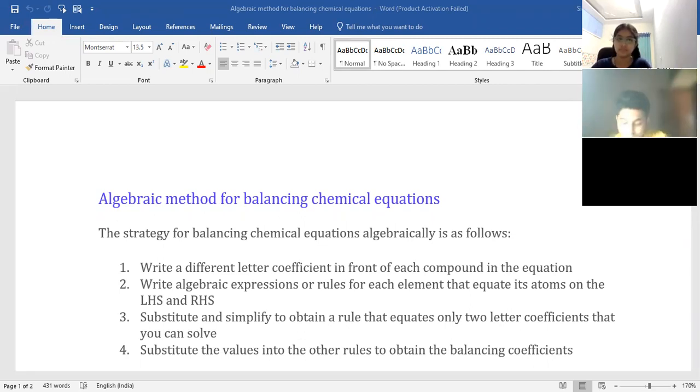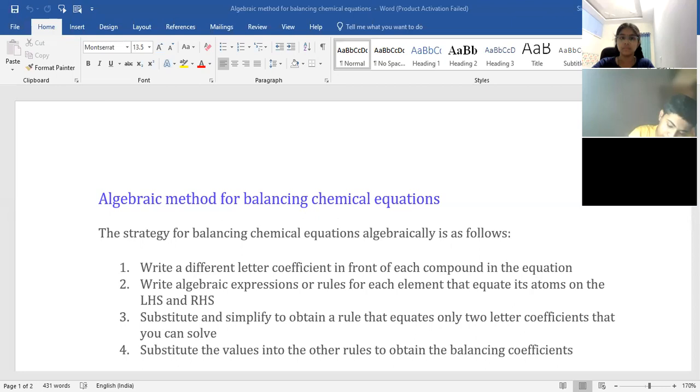Just remember the rules, I will explain by example. What is the second one? Write algebraic expressions for each element that equate its atoms on the LHS and the RHS, comparing the reactant side and the product side.